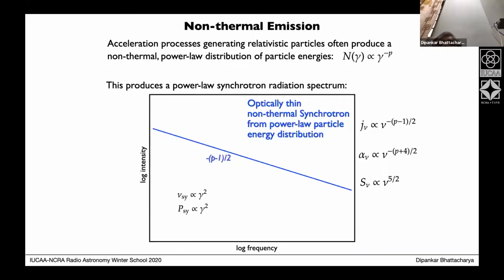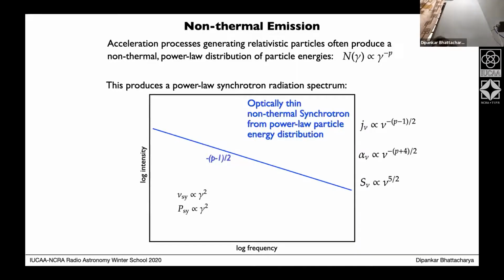So if the source is optically thin, then the spectrum that you will see will be the same as the dependence of the emission coefficient on frequency. So you will get an optically thin part of the emission which is also a power law with a slope of minus (p minus 1) by 2.